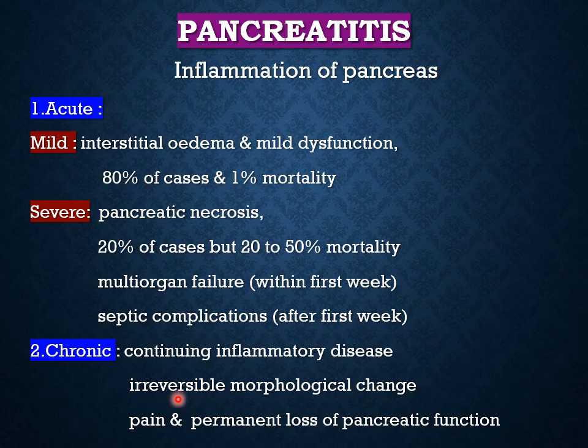Calcification, fibrosis, pain and permanent loss of pancreatic function are the ultimate results of chronic pancreatitis, which tends to be very progressive, leading to severe chronic pain and permanent loss of pancreatic function.